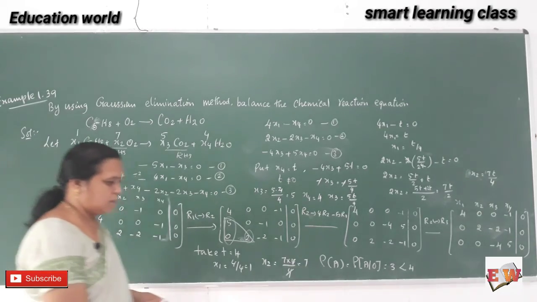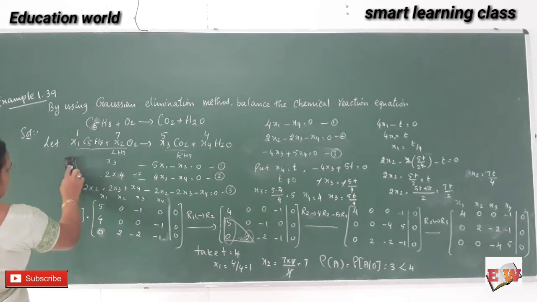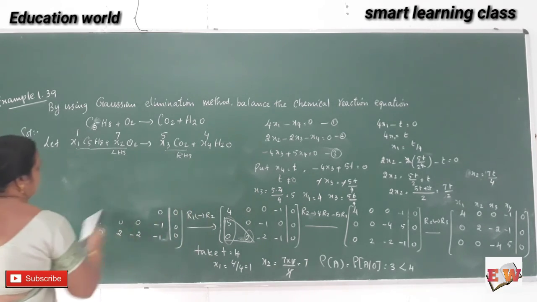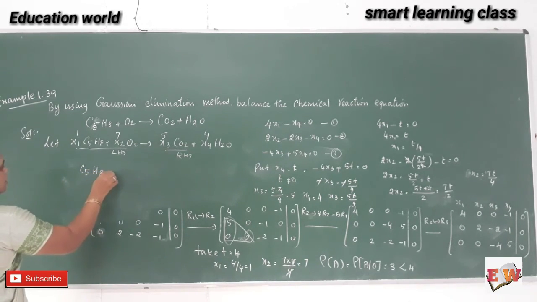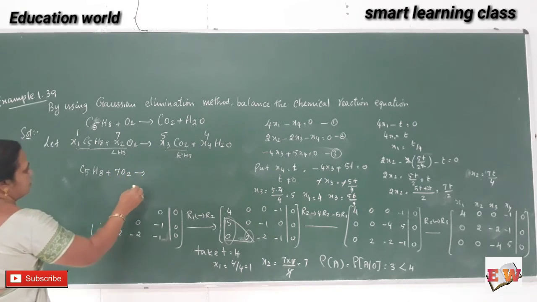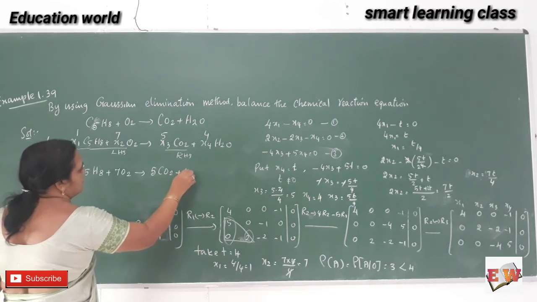Once I will do it for you. See, you just write C5H8 plus 7O2 gives 5CO2 plus 4H2O.